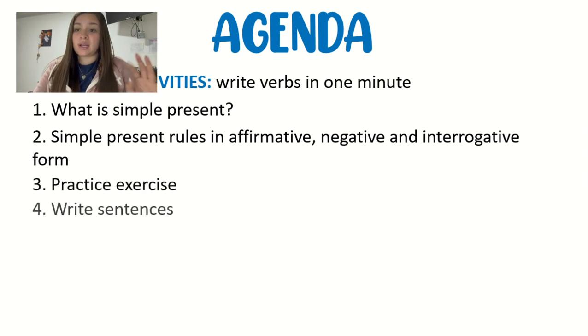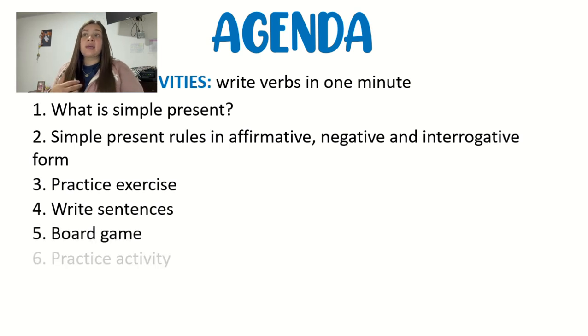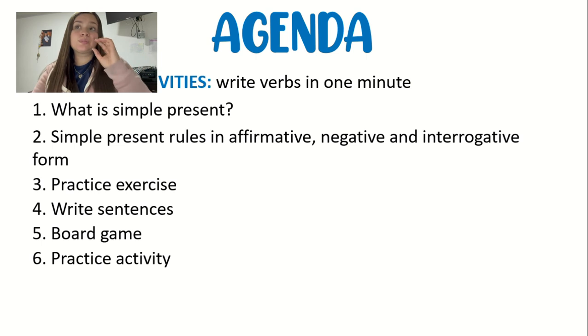And something important that I have to say in this lesson plan is that I'm going to use the PPP stage. That is presentation, practice, and production. So in this lesson, you are going to see all of those stages in this class.